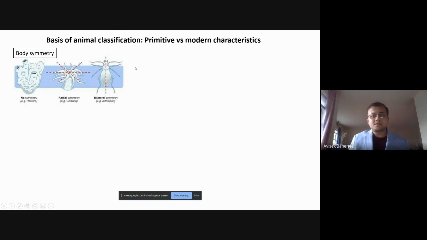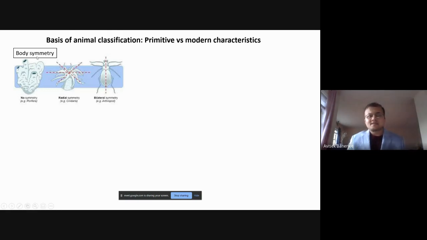If you ask which is a primitive and which is a modern character, obviously bilateral symmetry is the more modern character. Why? Because having a bilateral symmetry gives a directional movement, a better movement towards food or to run away from a predator. So this is a more advanced or modern feature.